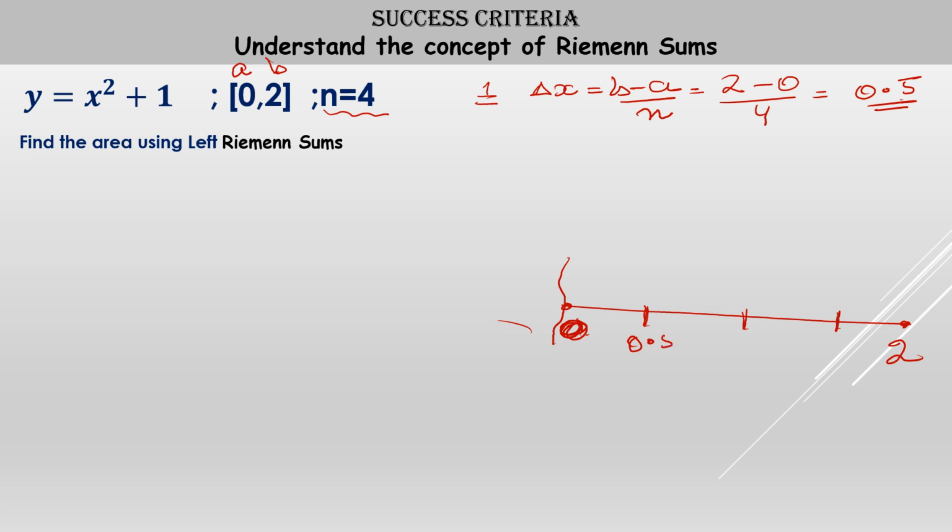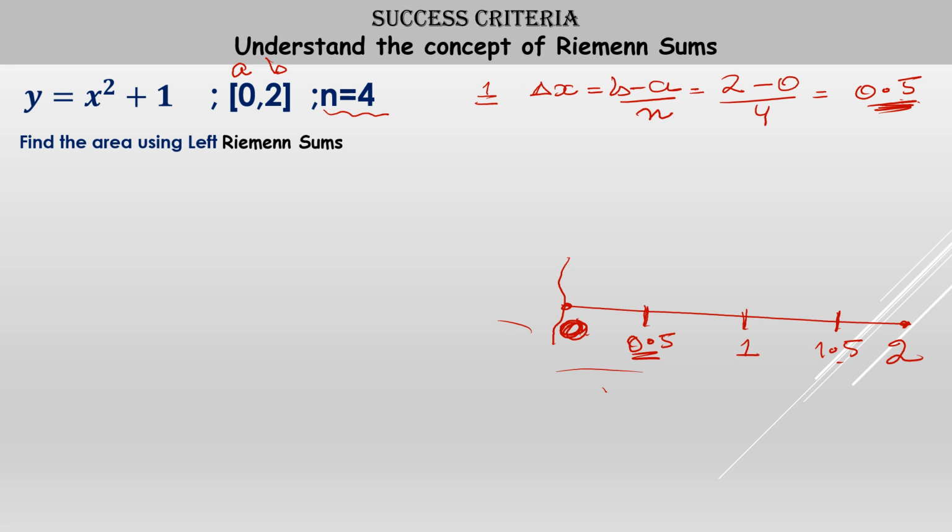Then 0.5 plus 0.5 gives us 1. Then 1 plus 0.5 gives us 1.5. Then again 1.5 plus 0.5 gives us 2. So this is the width.